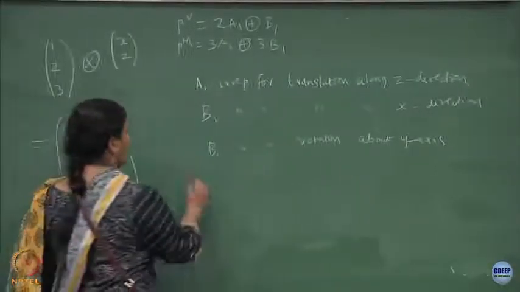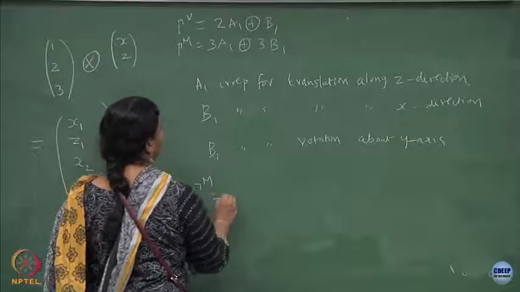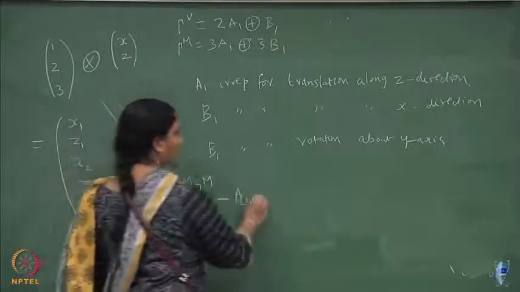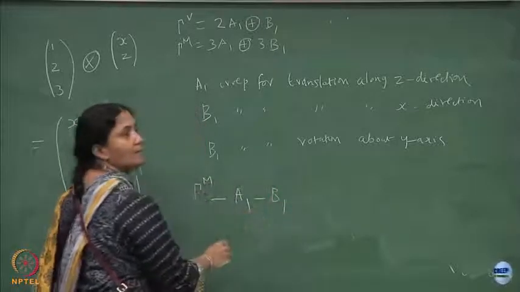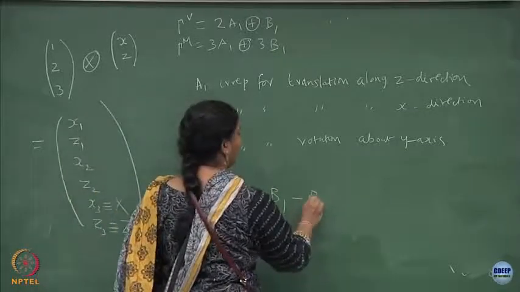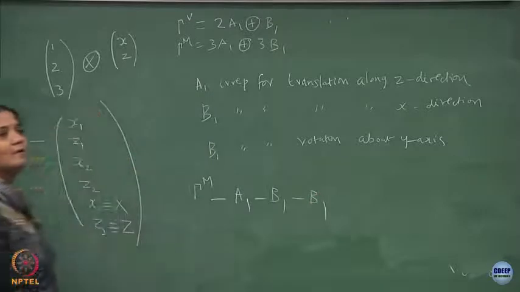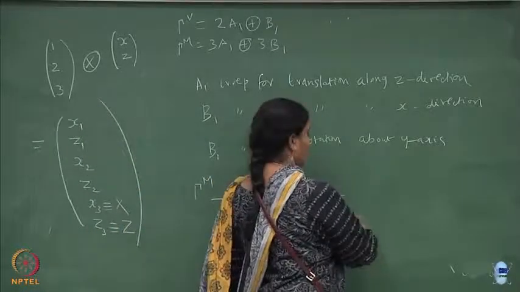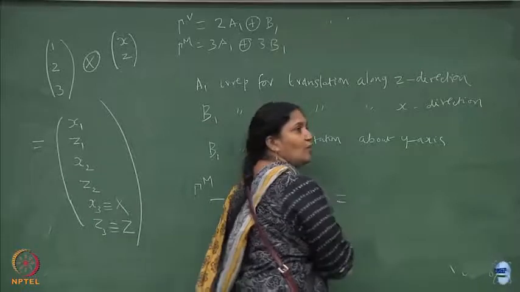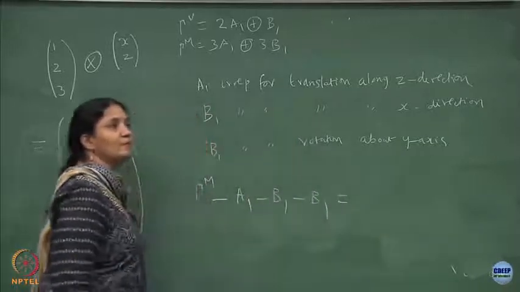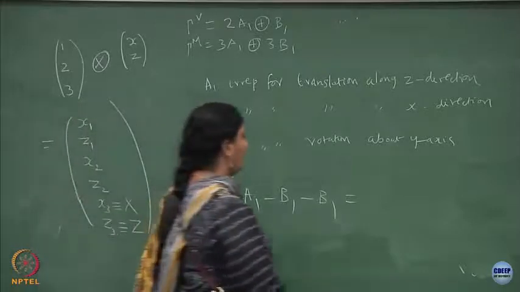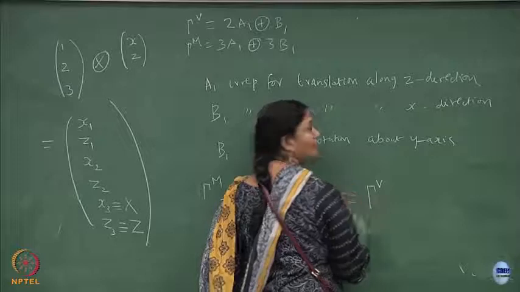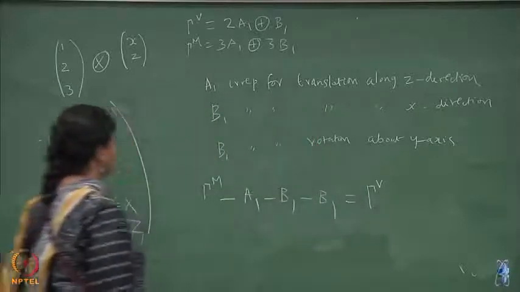So, gamma M minus A1 minus B1, again another B1, this will contain only the vibrational degrees of freedom, and I am claiming that this should be same as your gamma V. Can we check that?